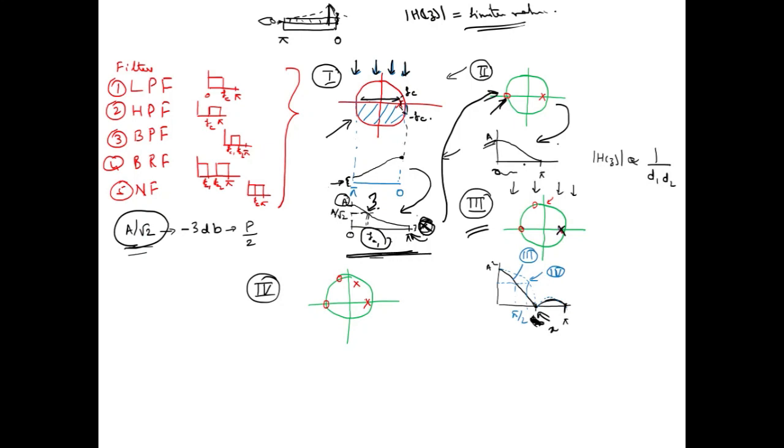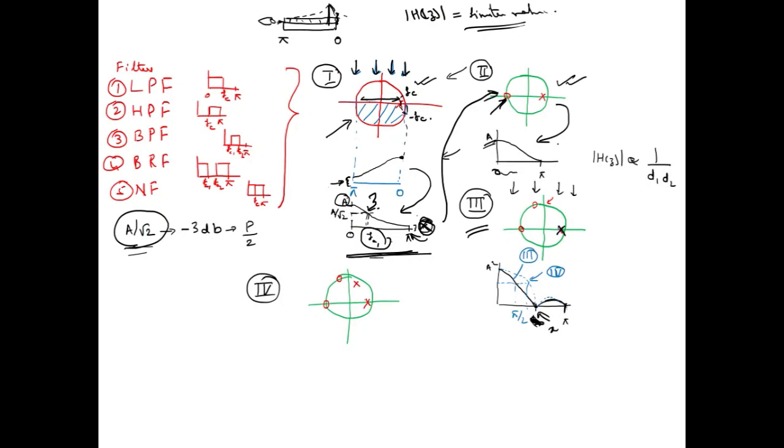Now I want to have the cutoff at a particular frequency component. In the first and second cases, if you see, we do not have control. We have just placed a pole in the first case, and whatever the cutoff frequency is, we have accepted that. In the second case also, we have placed a pole, and at pi we have placed a 0, and whatever is the cutoff frequency, we have accepted that.